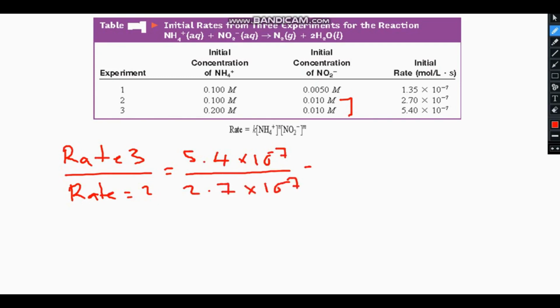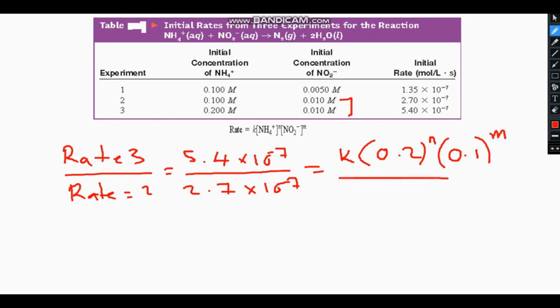This is equal to K, the initial concentration of NH4 with regard to experiment 3, which is 0.2, to the power n, then the initial concentration of NO with regard to experiment 3, which is 0.1, to the power m.